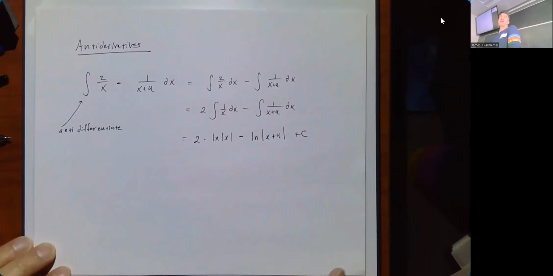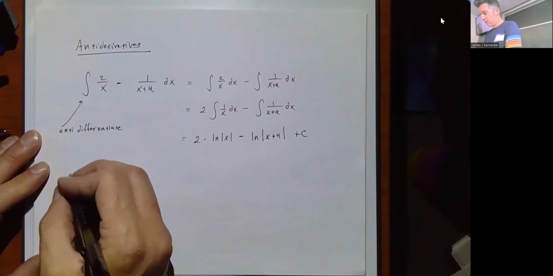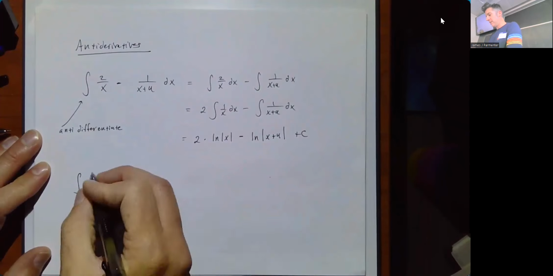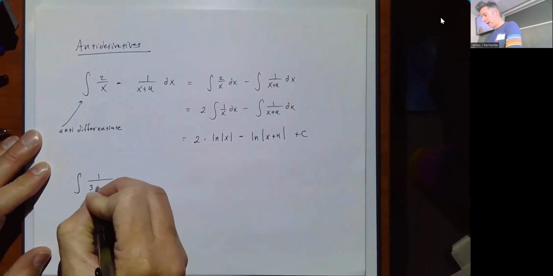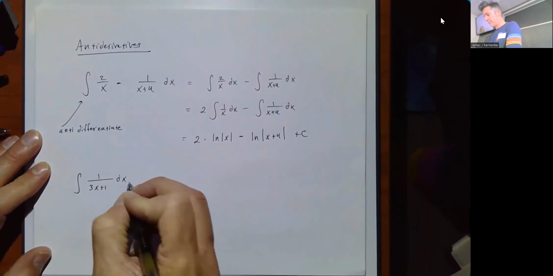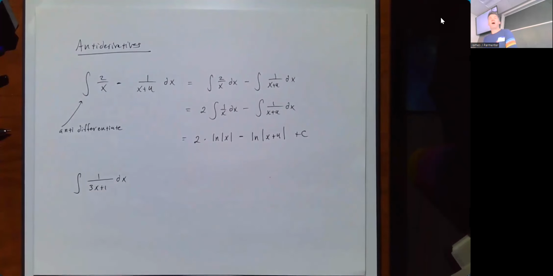And here's something I think is going to save you all some time. Let's find the antiderivative of 1 over 3x plus 1. I really don't want to use a U sub yet. Not because it's not doable, but because it's a longer process than what I think you need to do. So here's the thing.